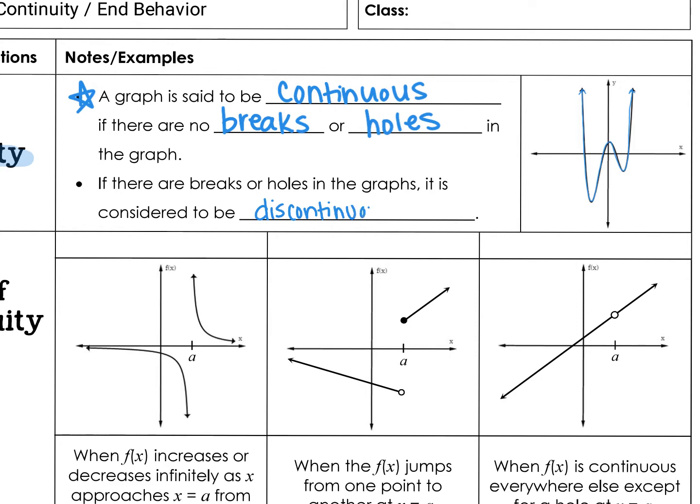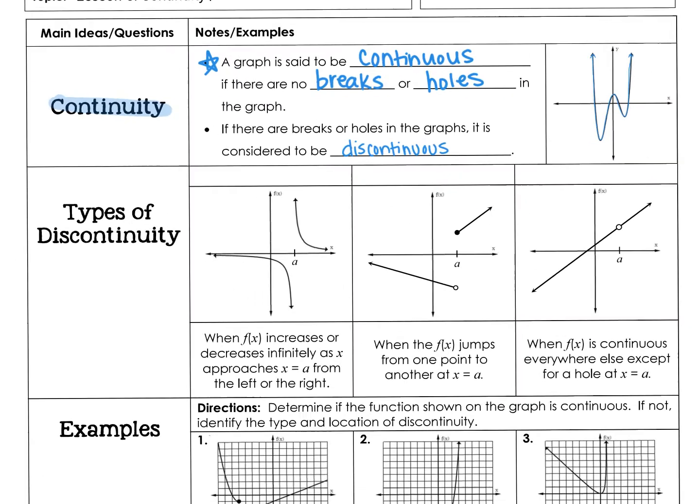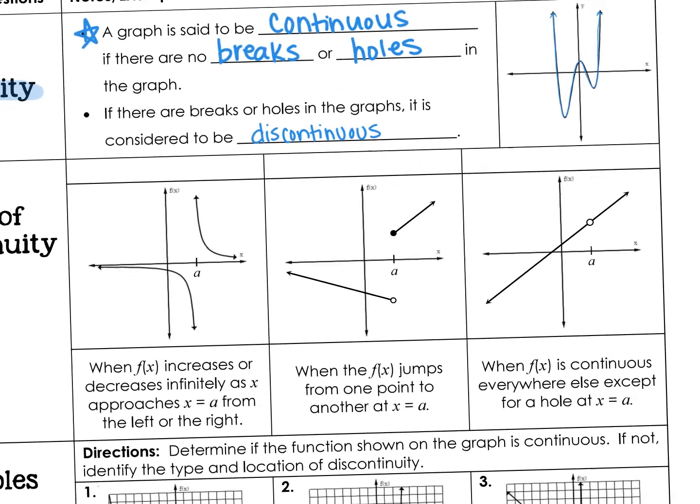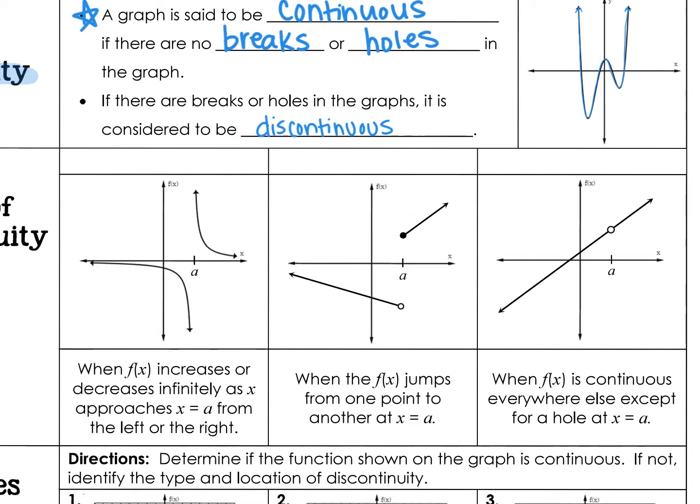And there are a few types of discontinuity that we're going to look at. And you're familiar with them, just not the names of the discontinuity. The first type is called infinite discontinuity. This is when f of x increases or decreases infinitely as x approaches x equals a from the left or right.